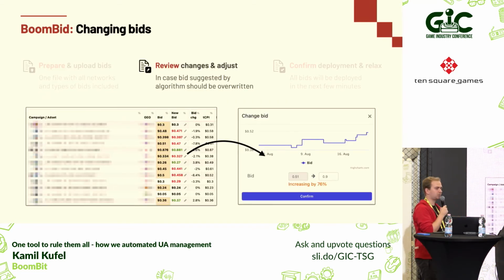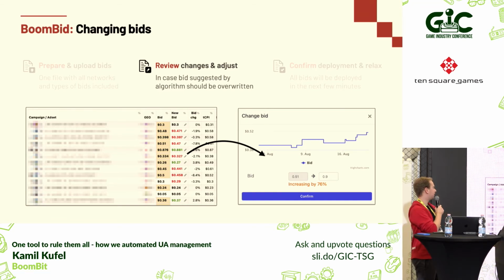And what's happening next? The user acquisition manager opens BoomBit, sees all the changes we are proposing, and makes adjustments if they think some bids should be higher or lower. Of course, we are not altering the automatically generated bids for all the combinations, because that would be too many of them.